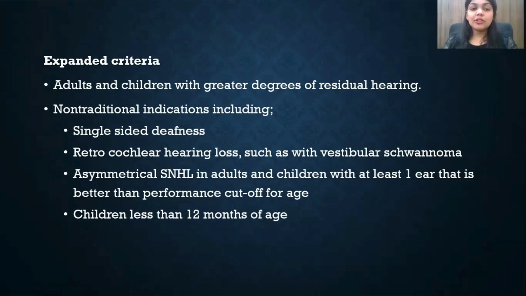And also there are some non-traditional indications which can be a single-sided deafness or a retrocochlear hearing loss, which is a hearing loss due to any retrocochlear pathology such as vestibular schwannoma, or an asymmetrical sensory neural hearing loss in adults and children when one ear is very poor compared to the other ear. Also for children who are less than 12 months of age, depending on the candidacy, we can consider a cochlear implant.